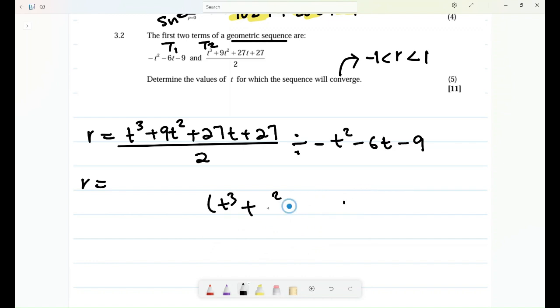The second thing that I think of is sum and difference of cubes. Yes, but in this case, it cannot be like this.